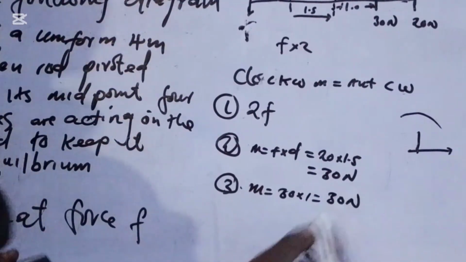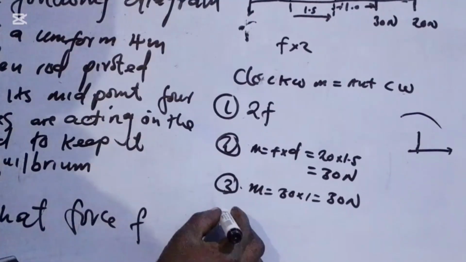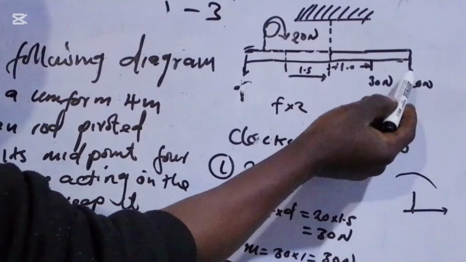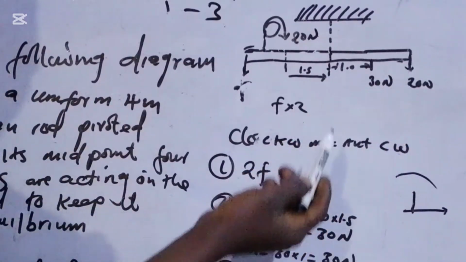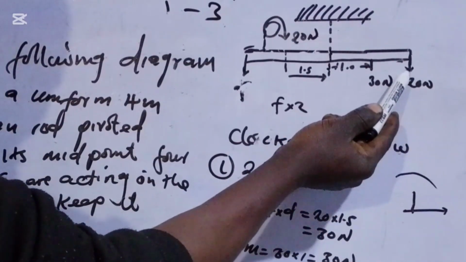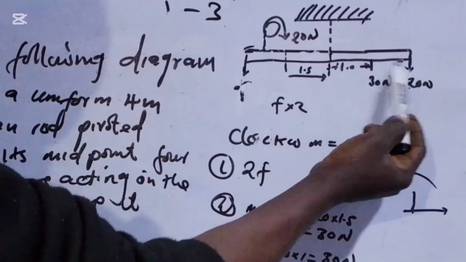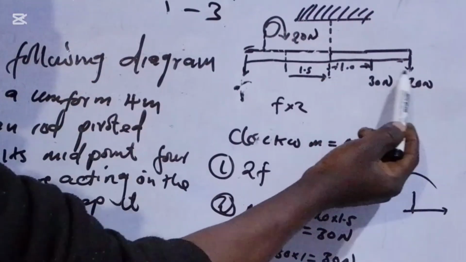Okay, 30 Newton. For the last parameter, which is 4, we are going to take the moment about this point here. Okay, so this point is where the force is acting. That means there's a distance of 2 meters, because the distance from here to here is 2 meters.